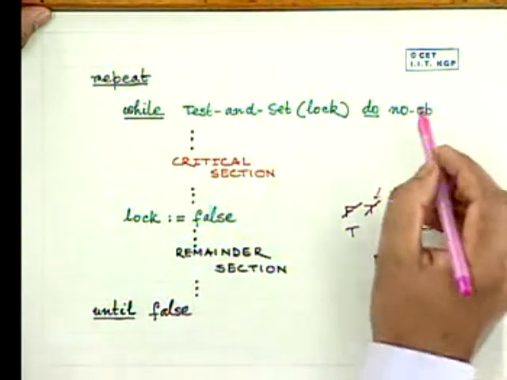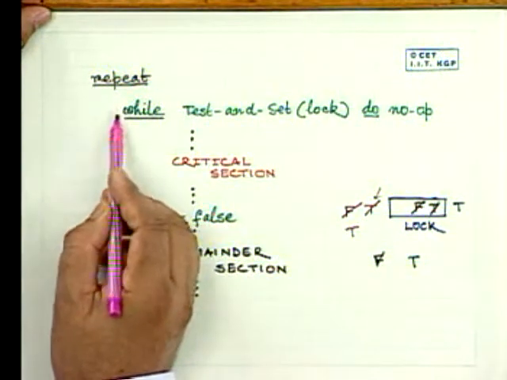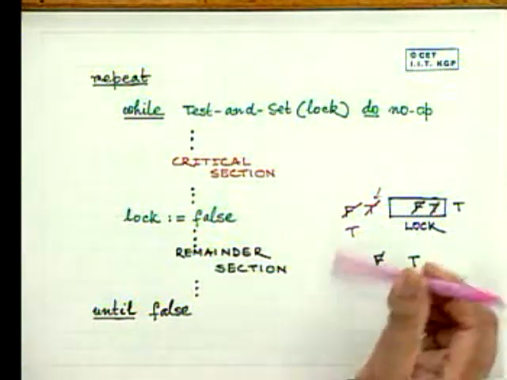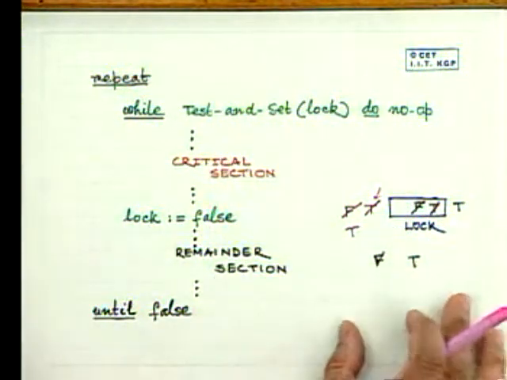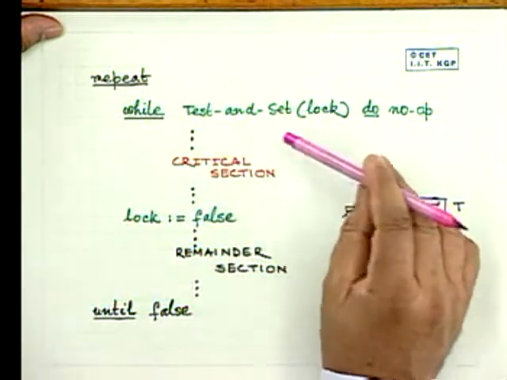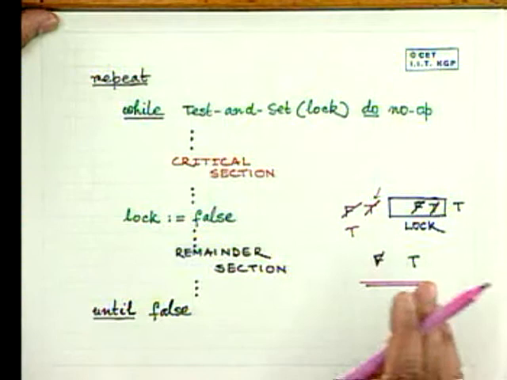All other processes will once more busy wait here in the entry section. That is the way that mutual exclusion is satisfied by utilizing test and set instructions.